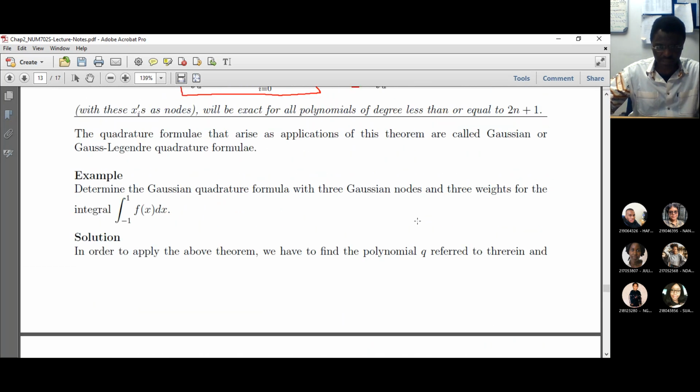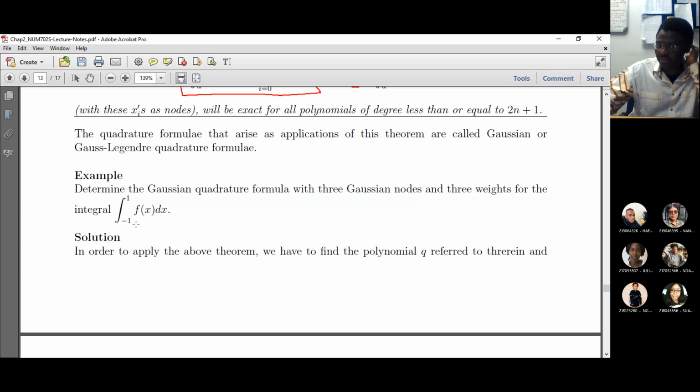So let us apply that to this particular example. Determine the Gaussian quadrature rule or formula with 3 Gaussian nodes and 3 weights for the integral. So this is our integral, f of x dx. We integrate from -1 to 1.